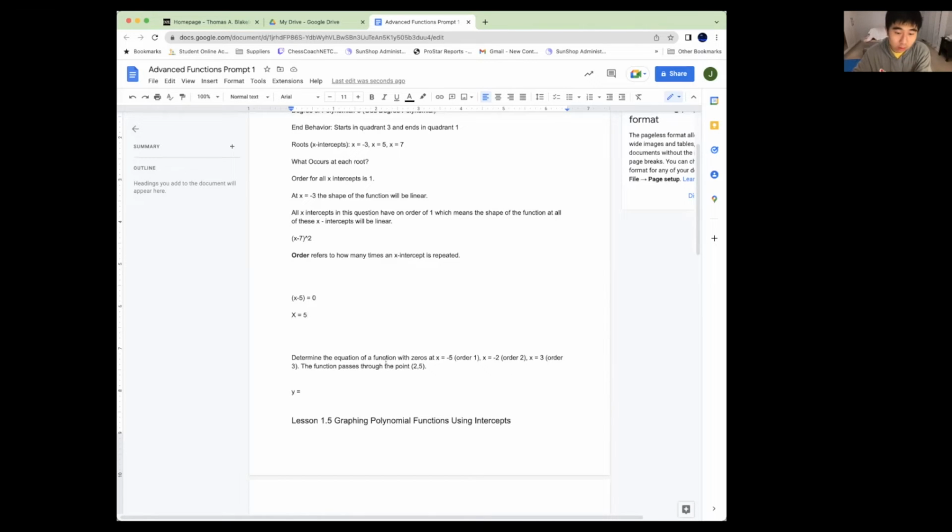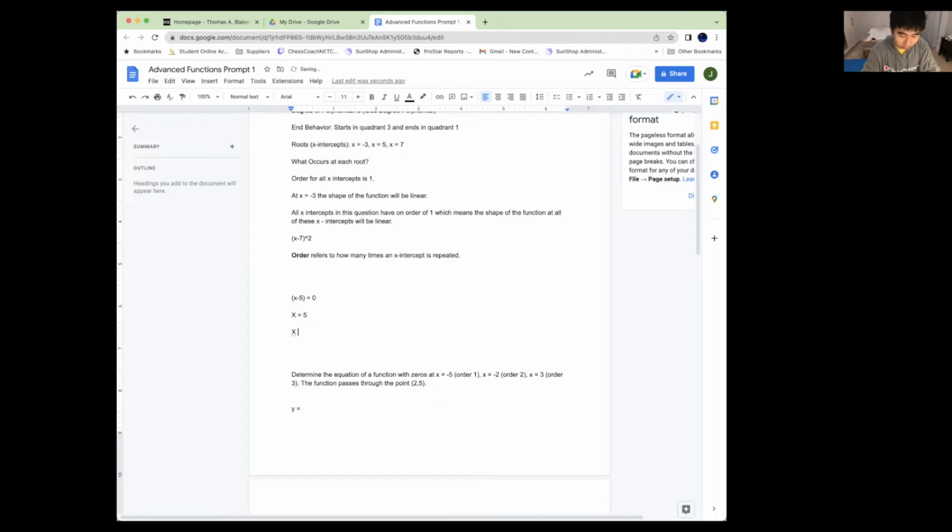So if it's saying zeros at x equals -5, that means the way it's going to look in the bracket in the equation is x plus 5. Because if we have x plus 5 and we want to find the x-intercept, we set that equal to 0, and then we get x equals -5.